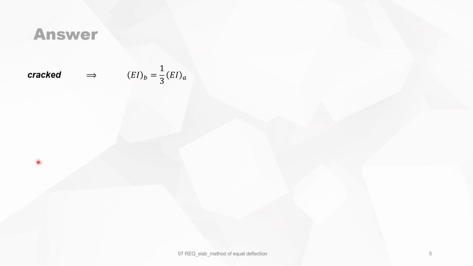Now we look at the cracked section. Cracked means that in the direction of B, the stiffness is 1/3 of that in the direction A. So when we look again at deflection of midspan in direction A, then we see that 2 and the stiffness are now the parameters.